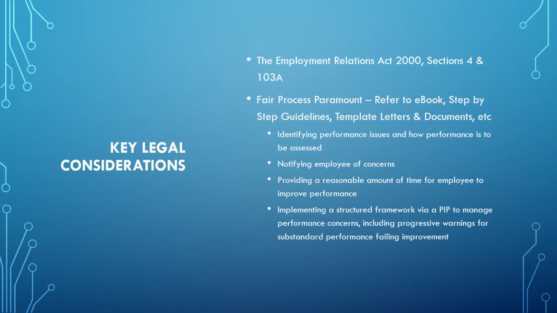So that includes consulting with an employee about the potential of establishing a performance management process, what that looks like, how their performance will be measured and assessed, the relevance of structured review meetings and the possibility of progressive warnings being issued at regular intervals throughout the duration of a PIP, up to and including termination of employment in the event that the employer can prove that the employee's performance remains substandard.